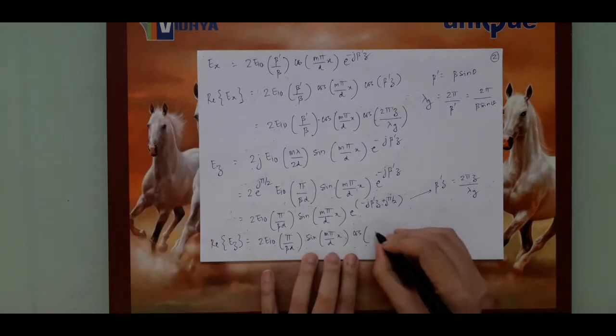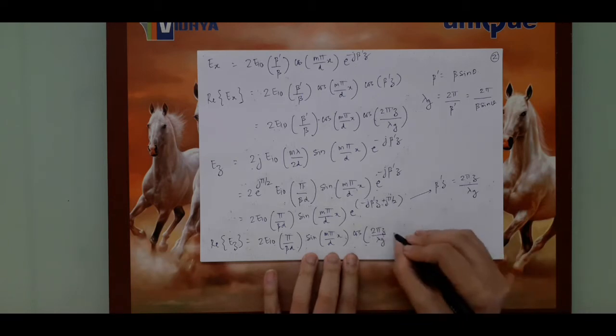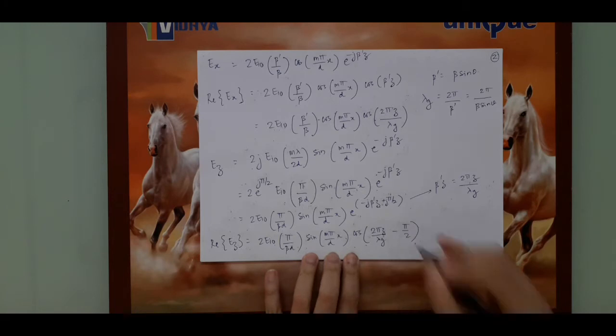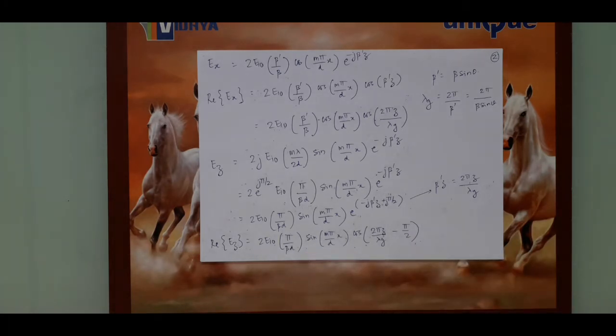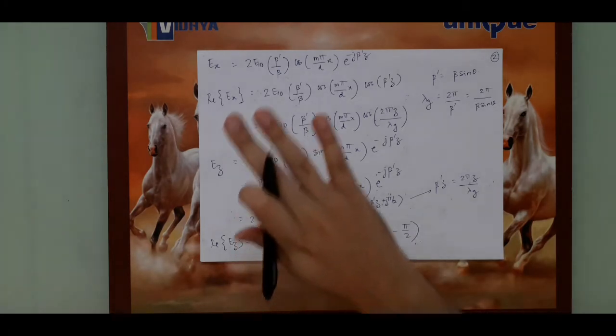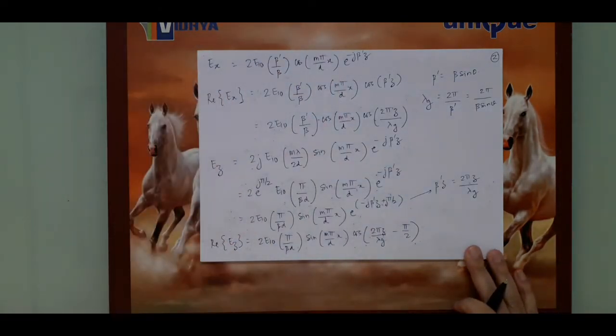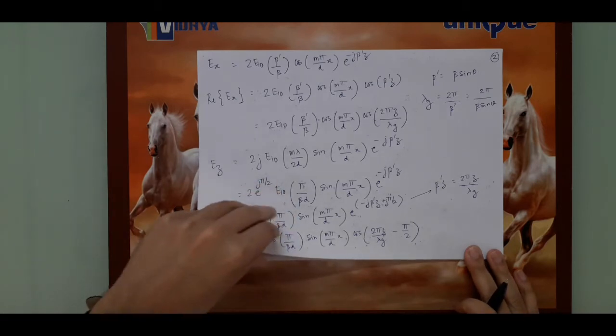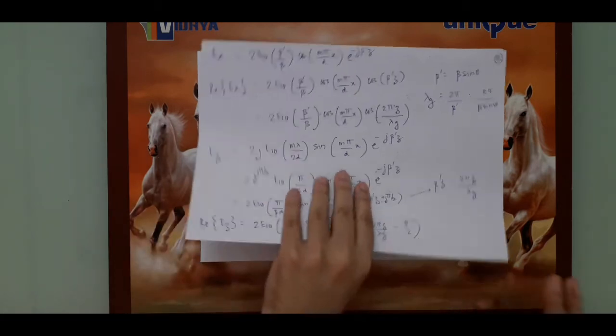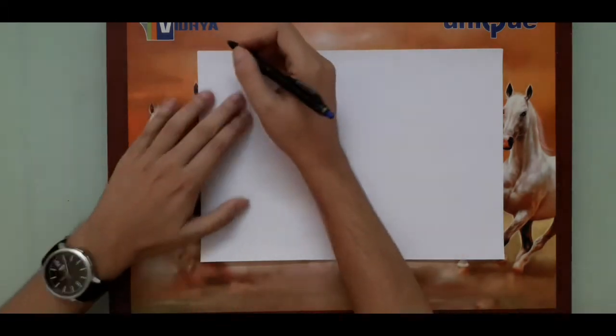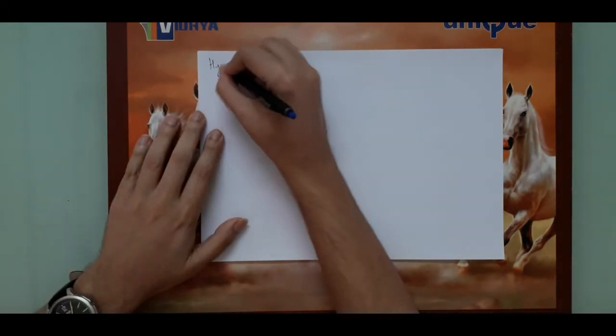That is the cos of 2 pi z by lambda g minus pi by 2. So with this we have found out the way the magnitudes of the electric field components Ex and Ez would be. Now we have one last component left, and that is Hy. So very quickly let us write that.